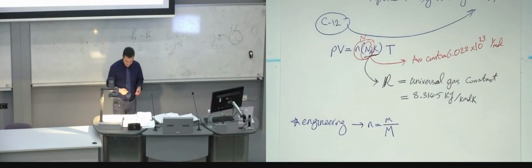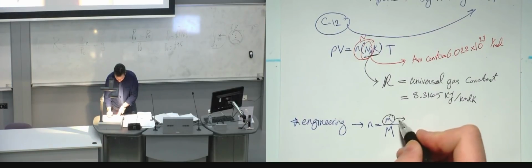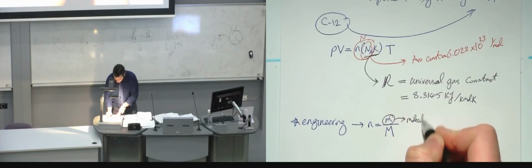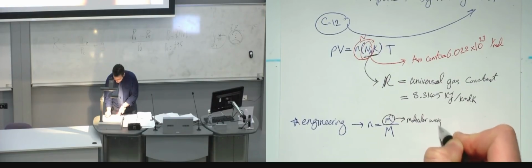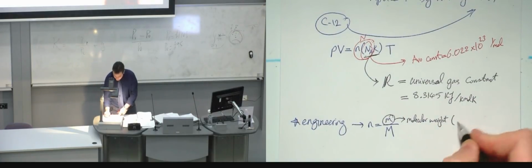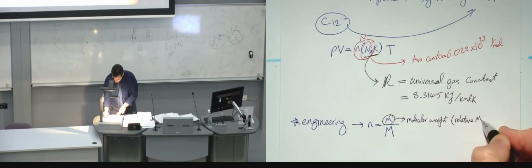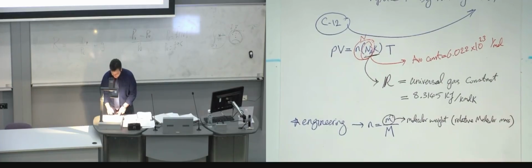Now, this bit gets a bit confusing. Now, m, or the small m, is what we know as the molecular weight, or in some of the newer textbooks, this is going to be called relative molecular mass.